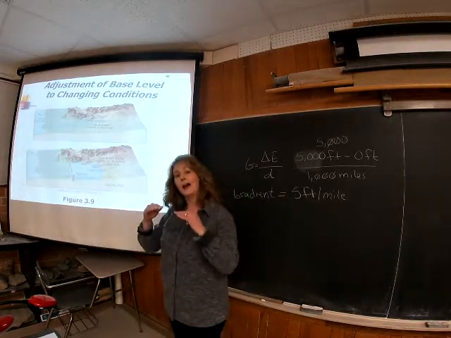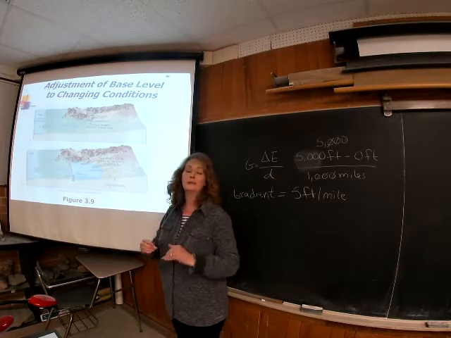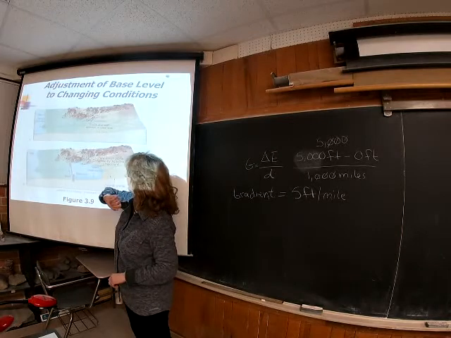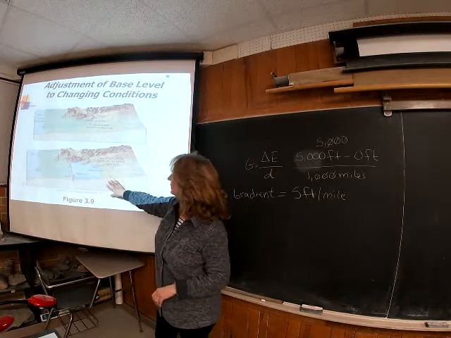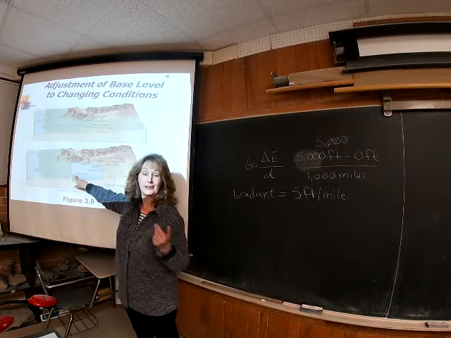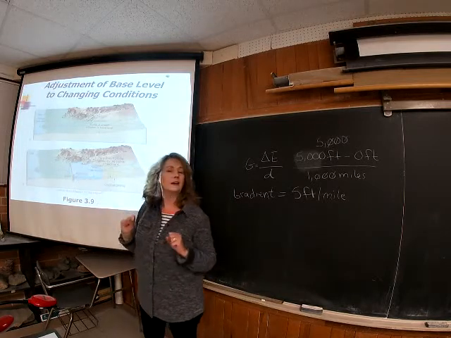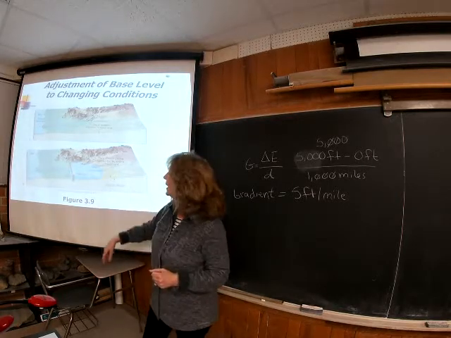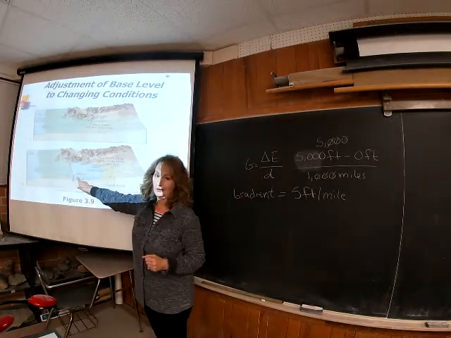And that dictates how low the stream can erode down to. That's that image there. This one down here, well, we put up a dam. So a temporary or a local adjustment of the base level, where the ultimate base level was the ocean. But we put up a dam here.